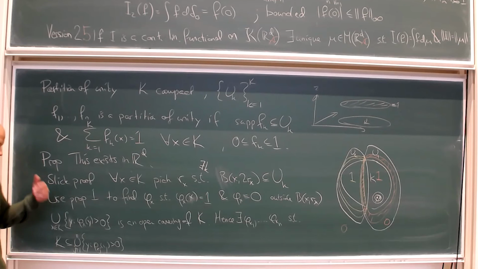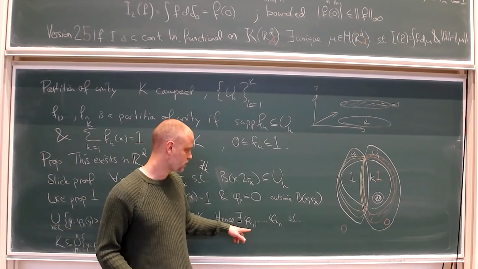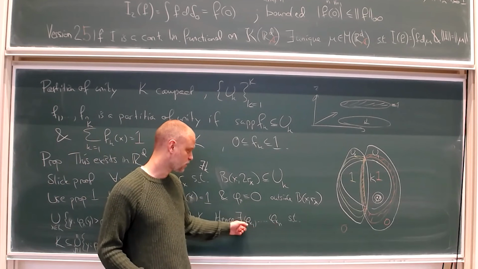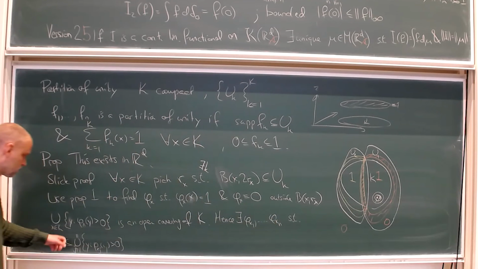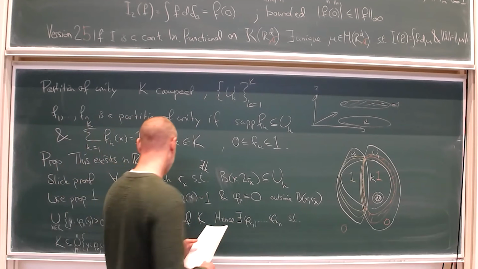Okay, so then I can pick a finite subcovering, which means I can pick out finitely many functions or points, x1 up to xn, with corresponding open sets, such that the union of these sets cover my K. Now these are functions with values between 0 and 1.